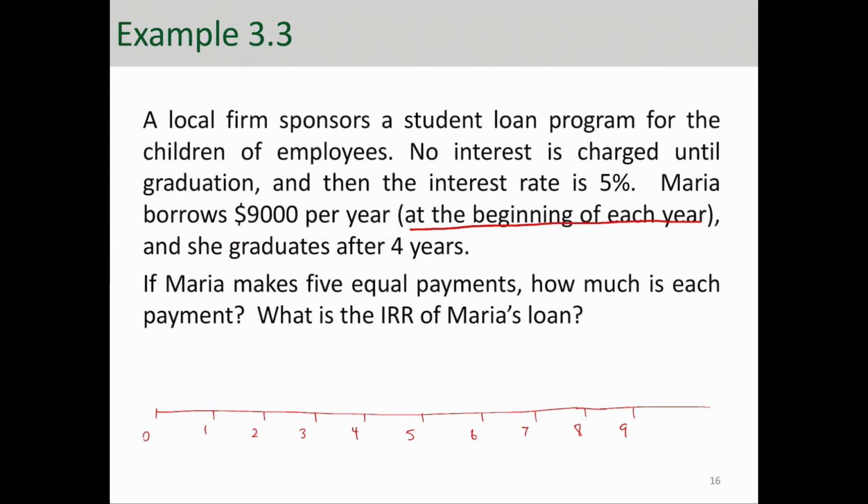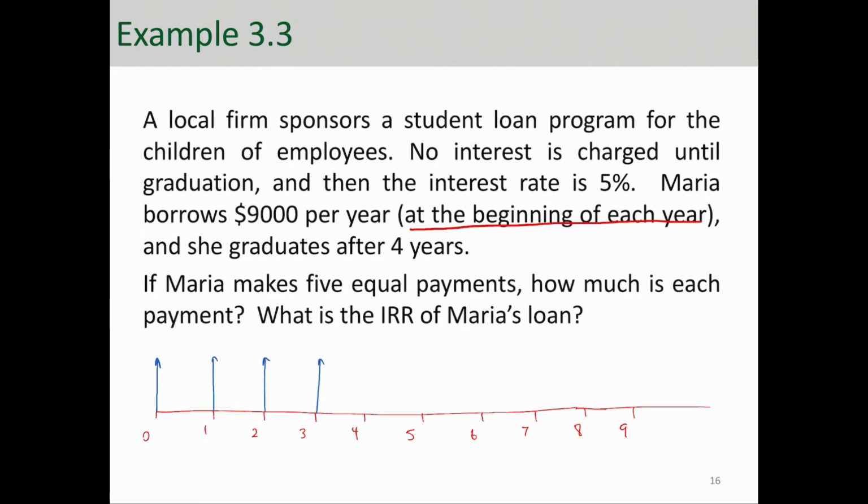And remember, the cash flows that we've been working with are end of year cash flows. If she receives money at the beginning of each year, the money that she receives at the beginning of year 1 is essentially at the end of year 0. So in order to be consistent with the formulas and the way our cash flow diagram works, we put the first receipt of those payments at the end of year 0, at the end of year 1, at the end of year 2, and at the end of year 3.